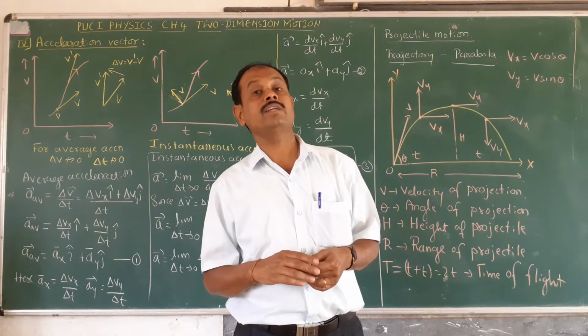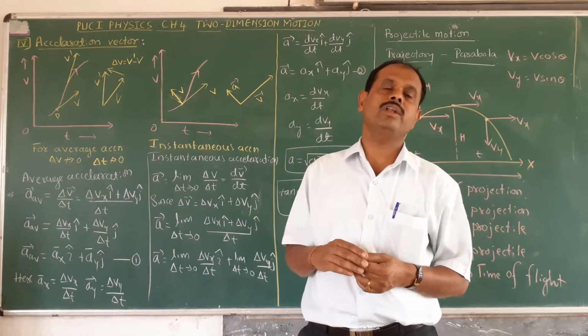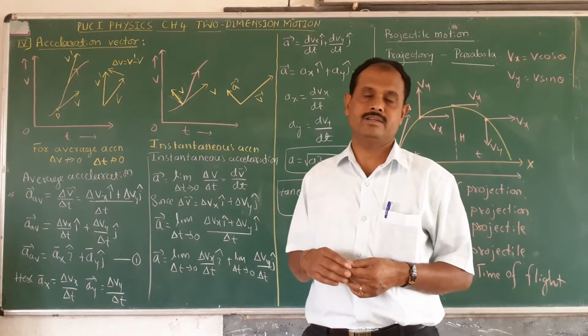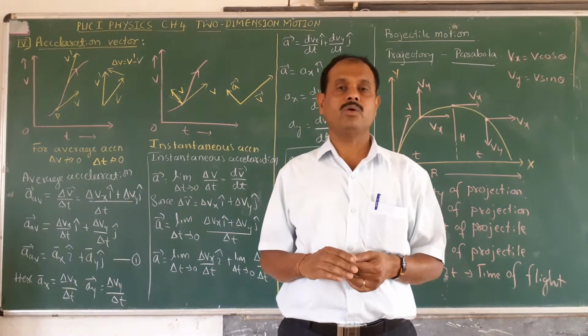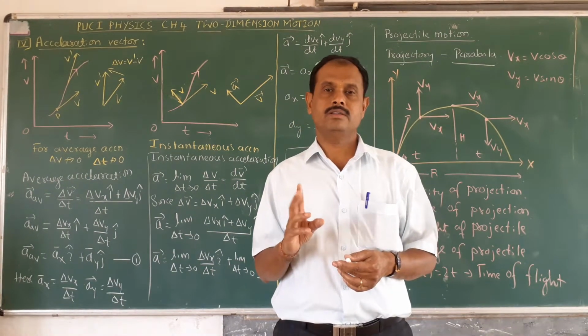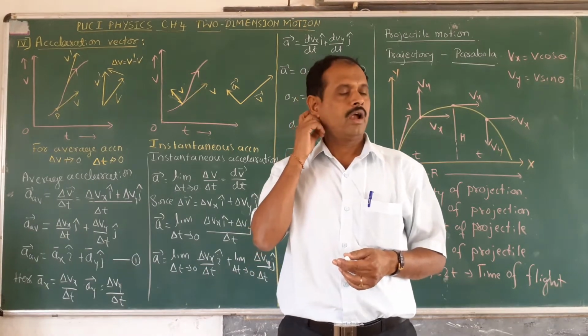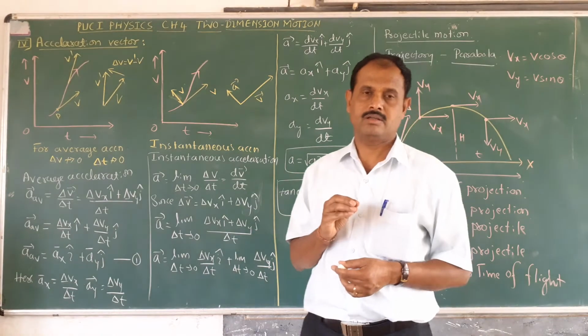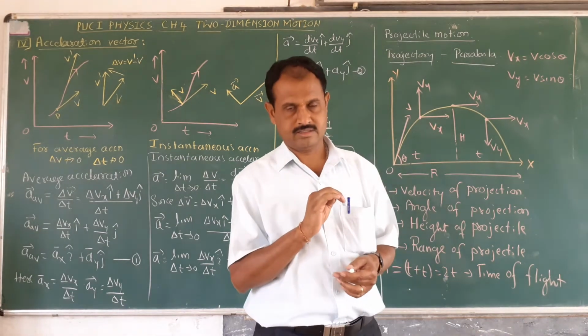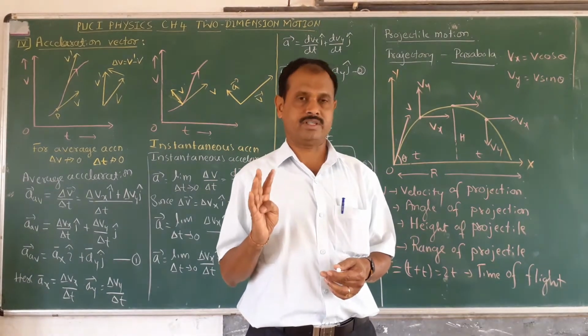Suppose it is moving in the yz plane, then the coordinates y and z change. If it is moving in the xz plane, then the coordinates x and z change. And one more thing you always express is the position vector.